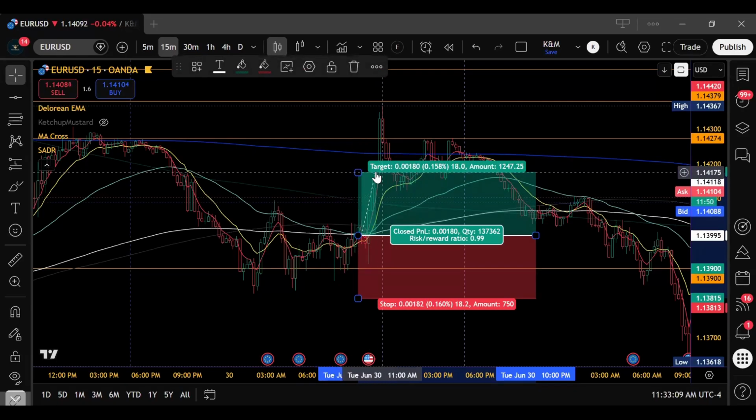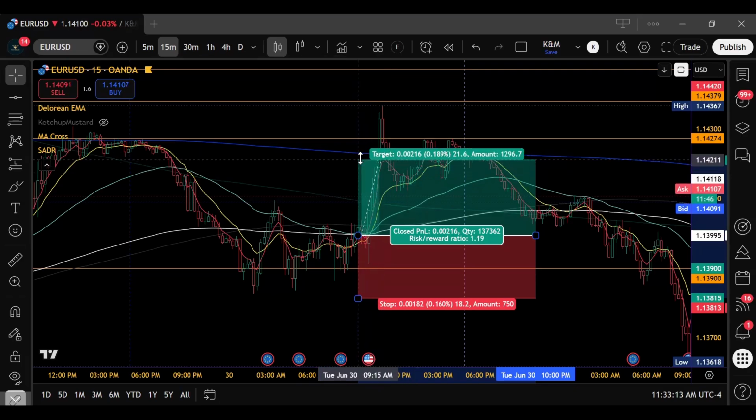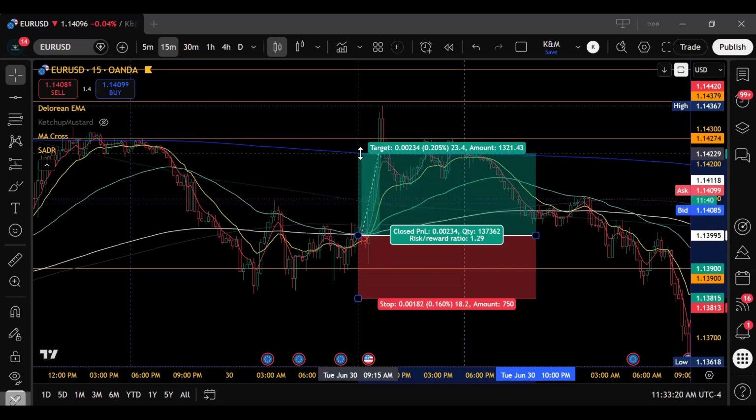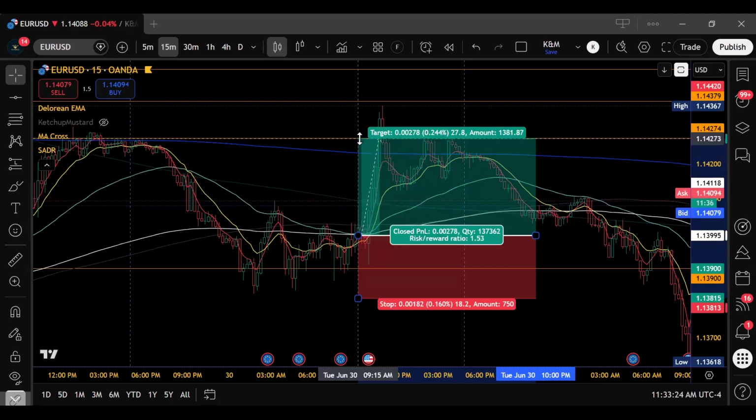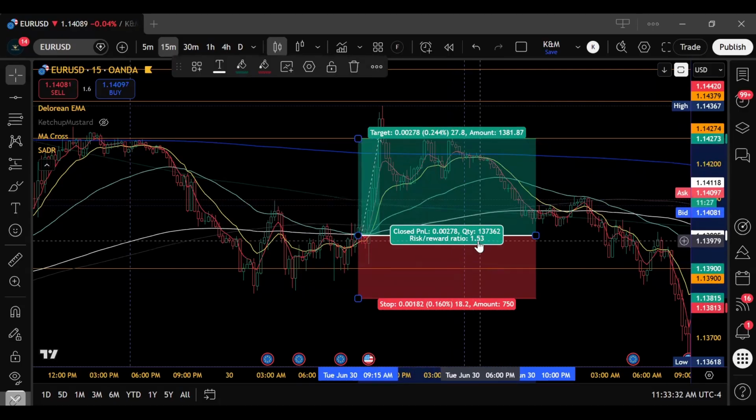It would have hit that right there. I could have took it to the blueberry. Up to the blueberry is a 23 pip TP. So now my risk to reward is 1.3. If I'd have took it to the next trade zone, that would have gave me 27 pips and only risked 18 pips, a 1.5 times risk to reward ratio.